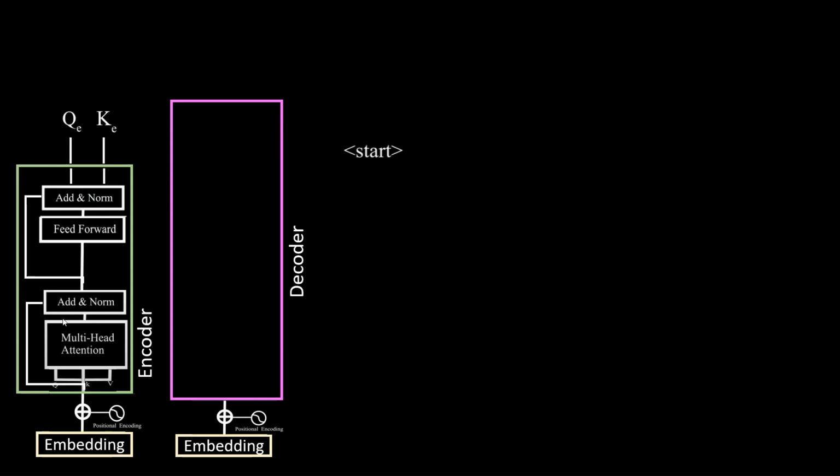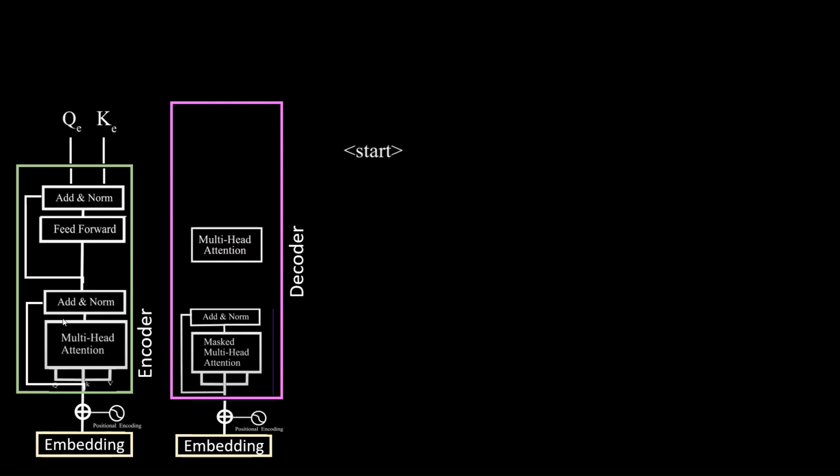Then the three copies of it as query, key, and value will be fed to the multi-head attention, and the output from this layer and the previous layer will be added and normalized using the add and norm layer.